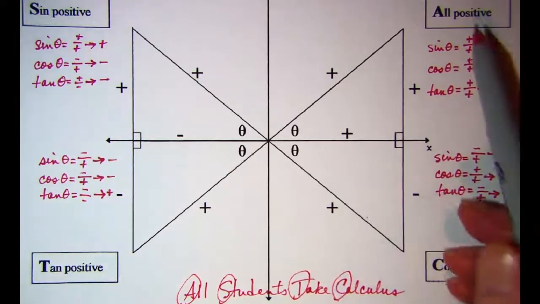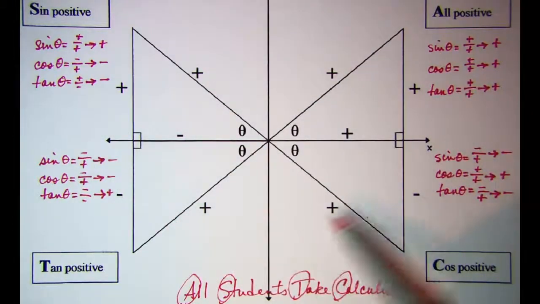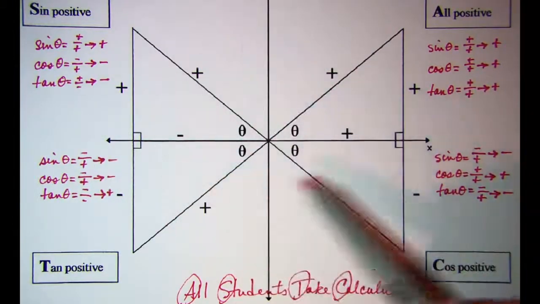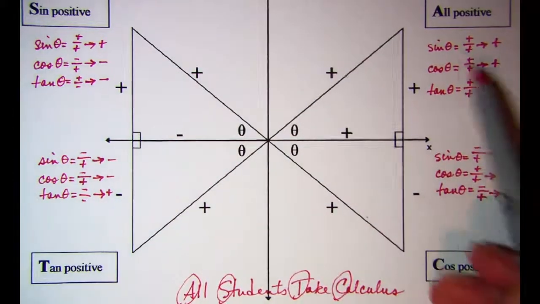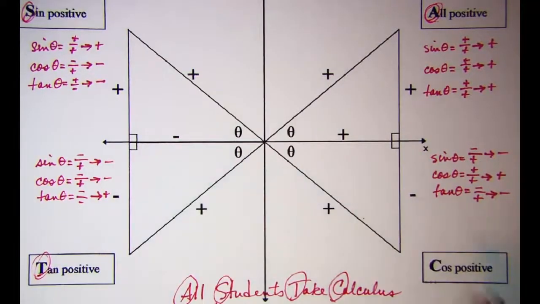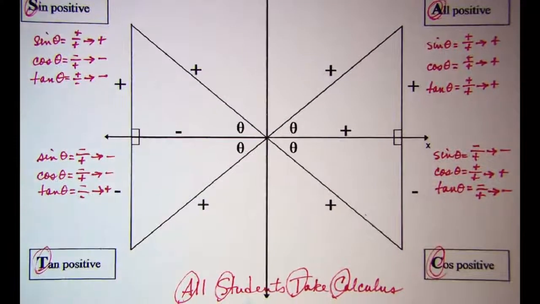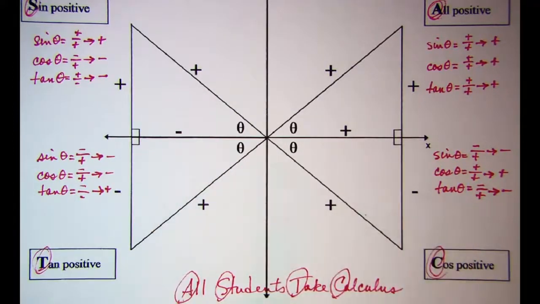Start with your quadrant 1 and move in a counterclockwise rotation, going from 1 to 2 to 3 to 4. So all students take calculus would remind you of which trig functions are positive in those quadrants.